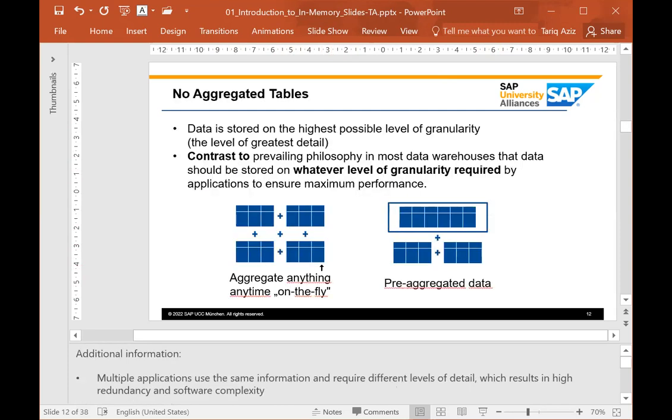Now, no data aggregation. As I mentioned before in our previous example, we have like 1 million sales transactions every day. So for a reporting database, we have to do some processing and then some aggregation. For example, at the end of the month, I want to process how much business I'm doing with every country. So from 1 million records of transactions every day, I will sum up the sales amount for that day for every country.